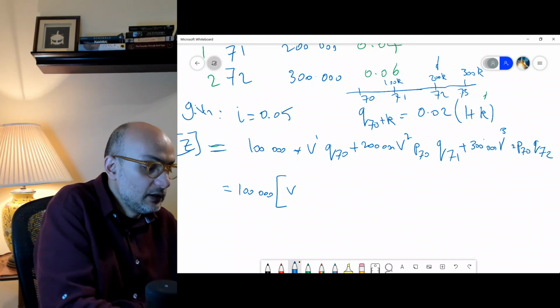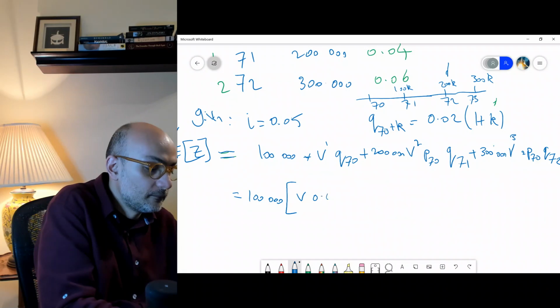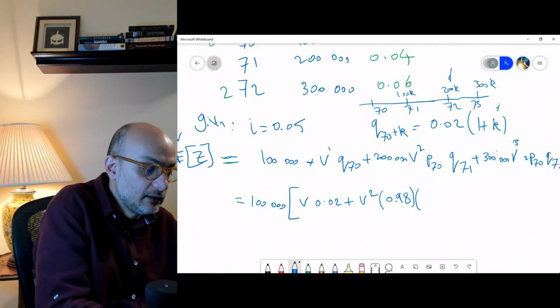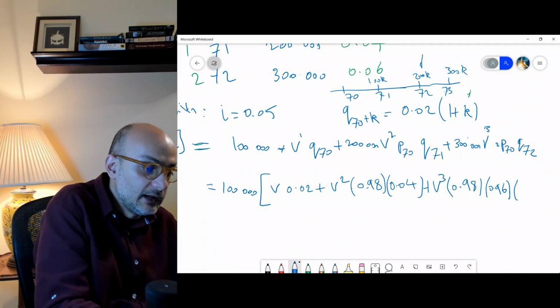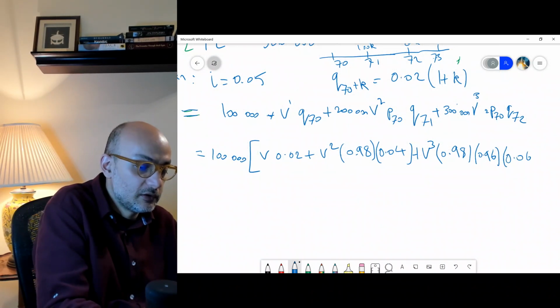Now Q70 is 0.02, plus V² times P70, the opposite of this one, 0.98, multiplied by the second mortality 0.04, plus V³ times 0.98 times 0.96, surviving the second year, and the last one is the probability of death 6%, 0.06.